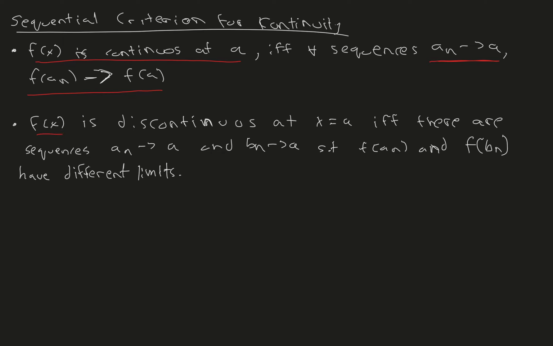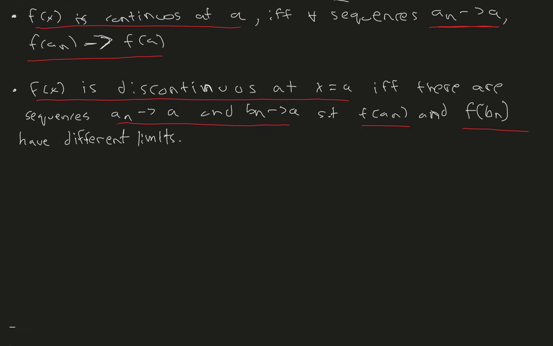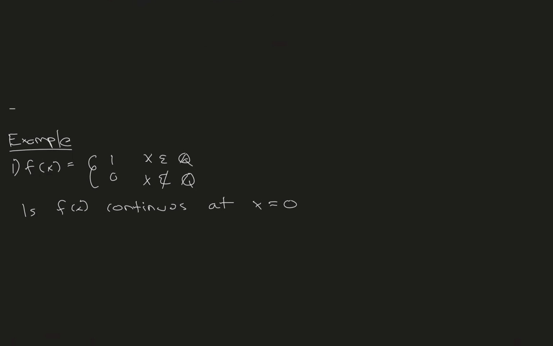And f of x is discontinuous at x equals a if and only if there are two different sequences a n and b n which tend to a, but the limits of f of a n and f of b n are different.